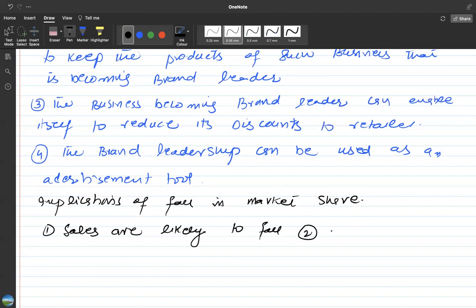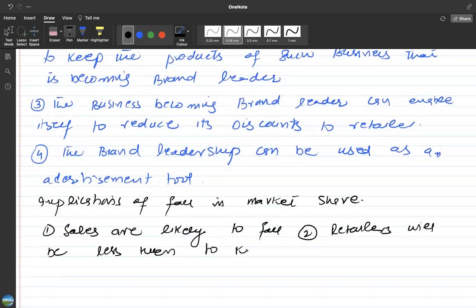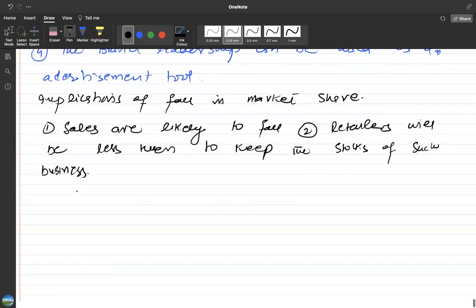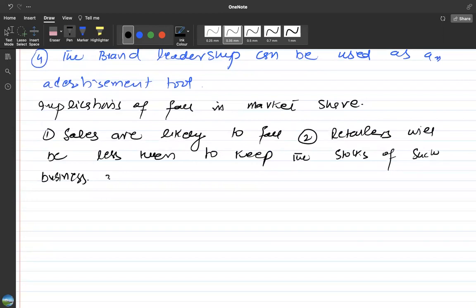Retailers will be less keen to keep the stocks of such a business. The business will have to give larger discounts to the retailers so that they keep the product and sell it.